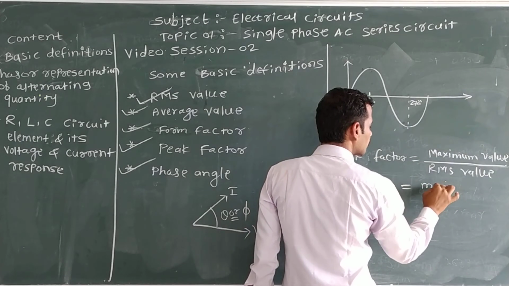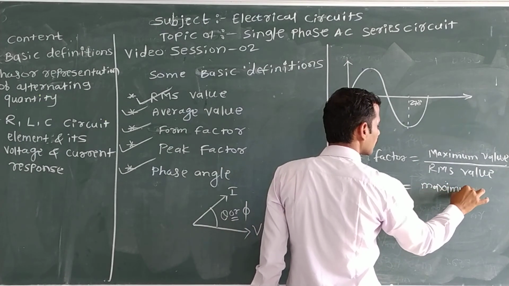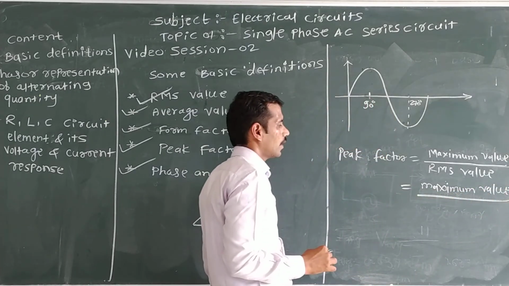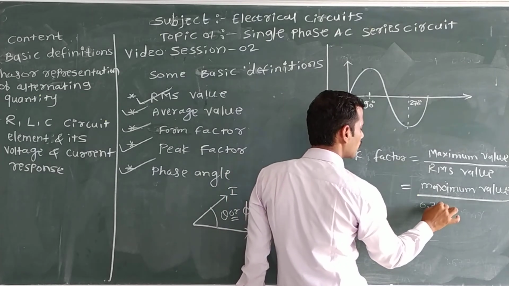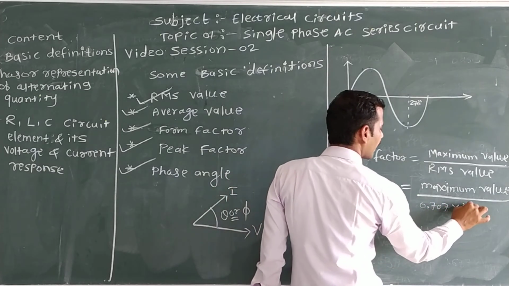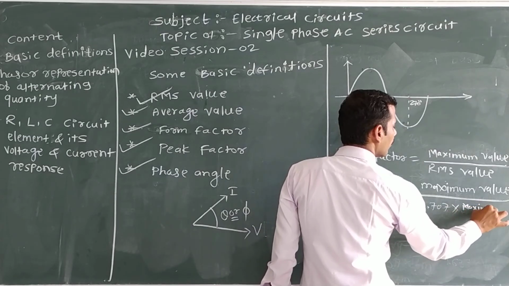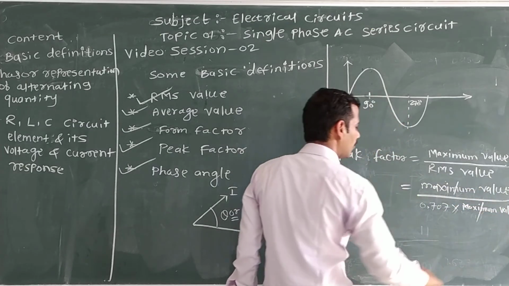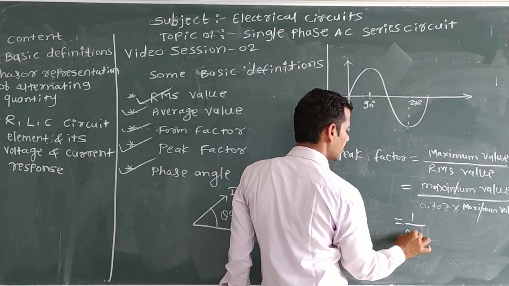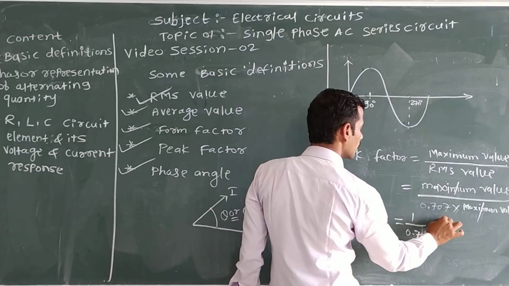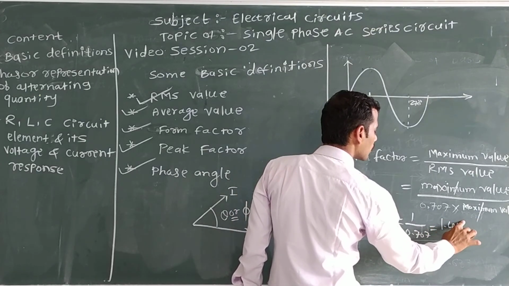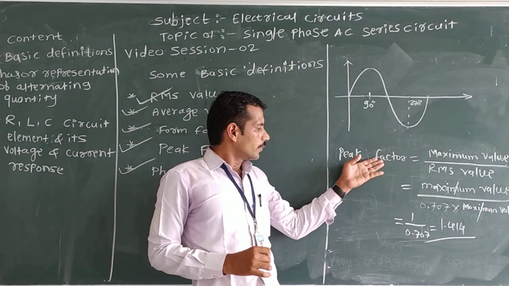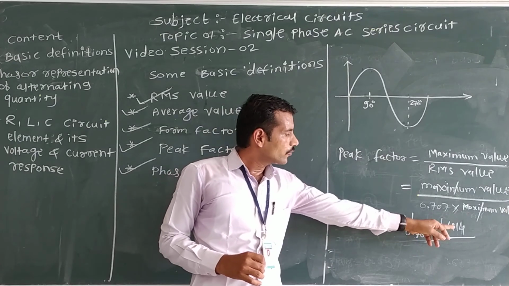So maximum value divided by RMS value, we can write in terms of 0.707 times the maximum value. The maximum value will get cancelled. 1 upon 0.707 means 1.414. That is the peak factor. Peak factor for a sinusoidal quantity is 1.414.